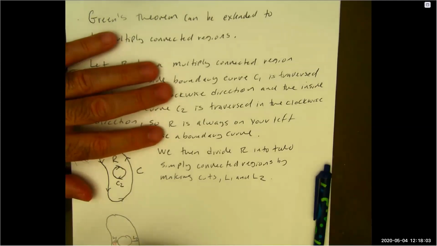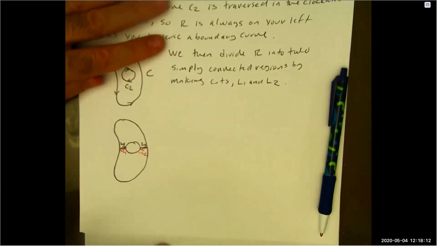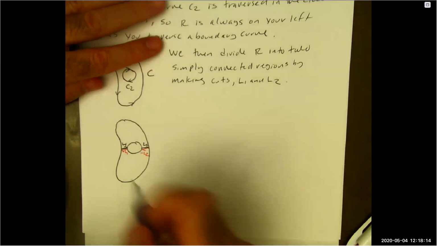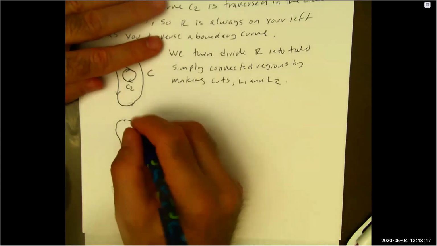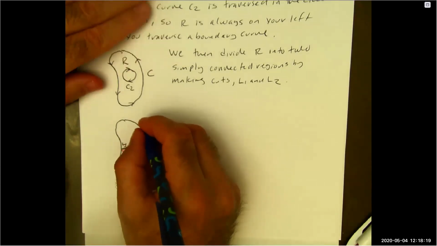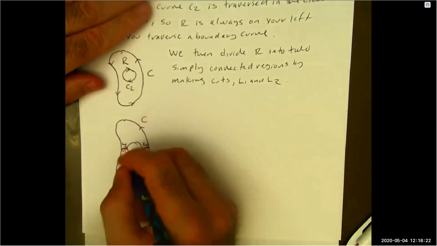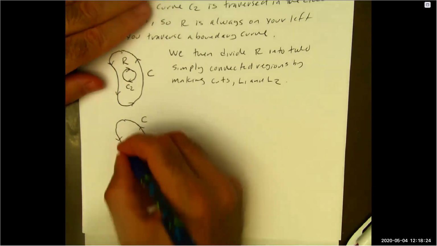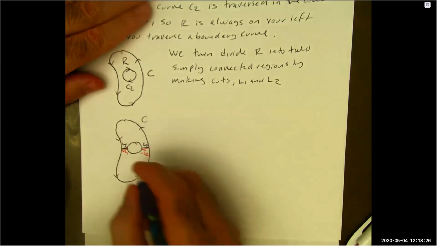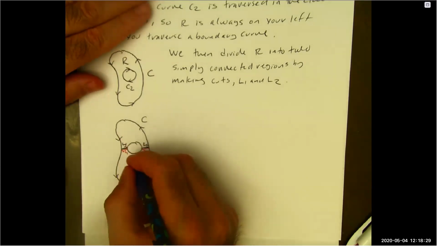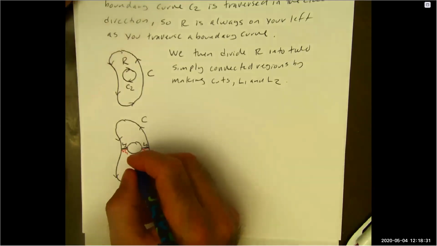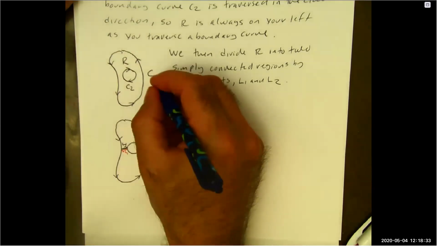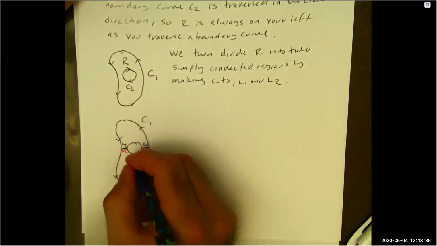And then over here, that's going to be minus L2. And then we're still going to have C. And the orientation around this one, we call this C1, and this is C2.